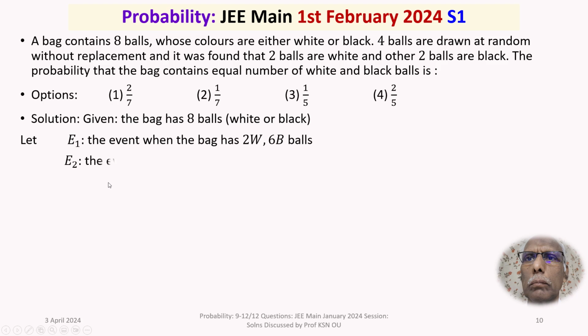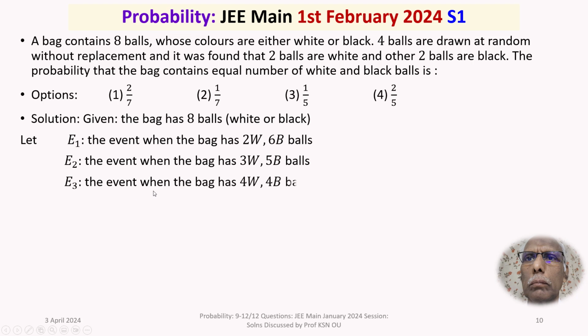And E2 is the event when the bag has 3 white and 5 black balls. E3 is the event when the bag has 4 white and 4 black balls. This is the event, it says, the probability that the bag contains equal number of white and black balls, that is 4 and 4.